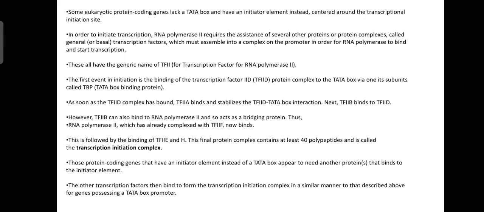The first event in initiation is the binding of this transcription factor IID protein complex to the TATA box. In this first event of initiation, the transcription factor IID protein complex will bind to the TATA box through one of its subunits called TATA box binding protein.